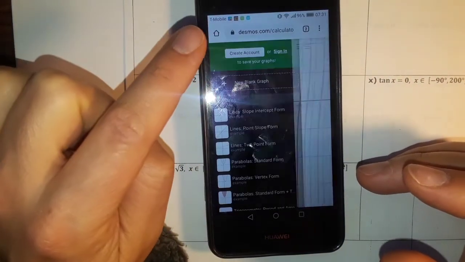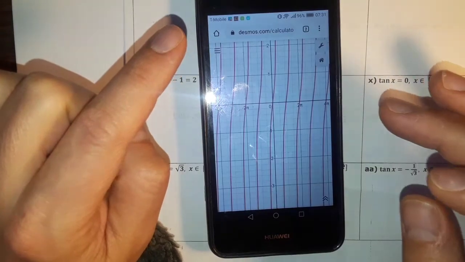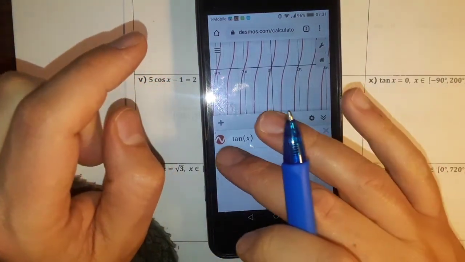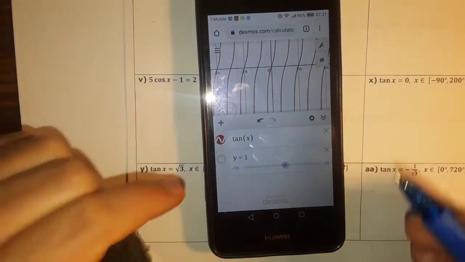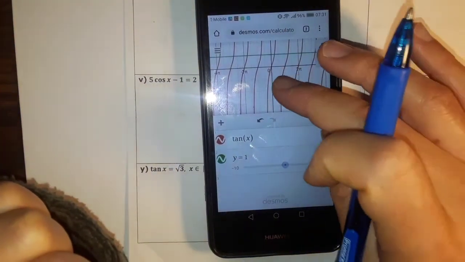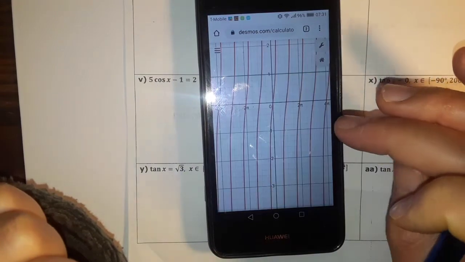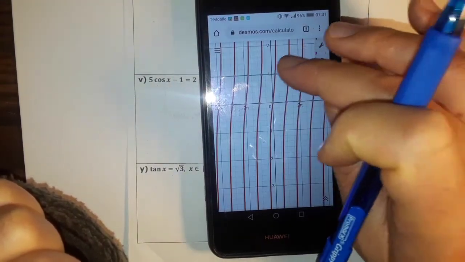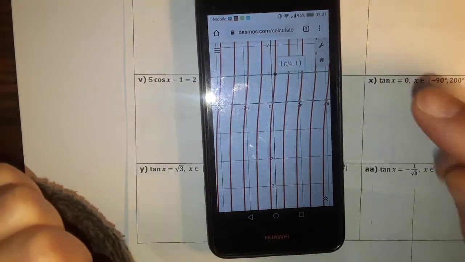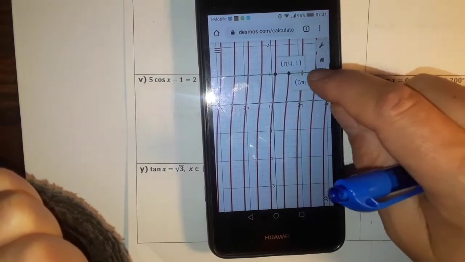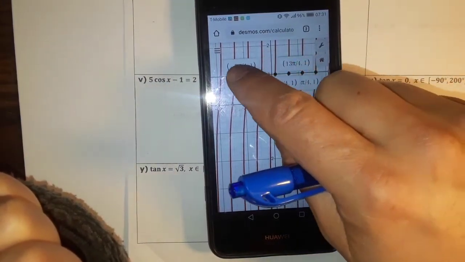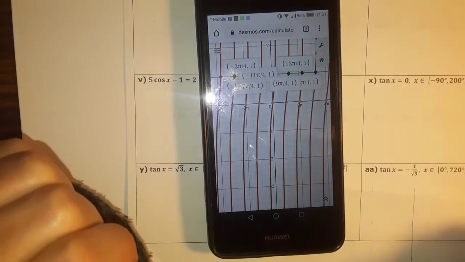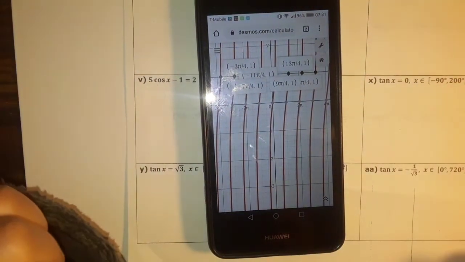Imagine that I would like to solve tangent of x equals 1. Every pi, the answer is repeating. That's why it's so easy.